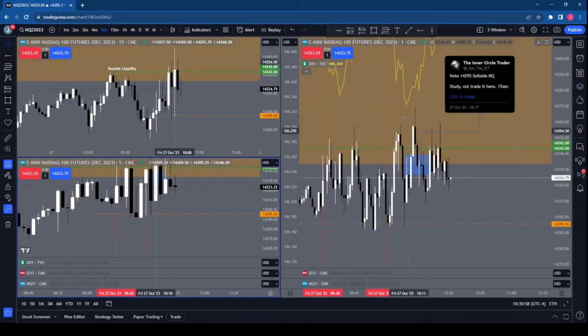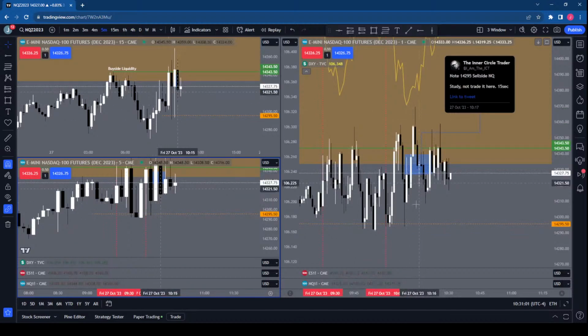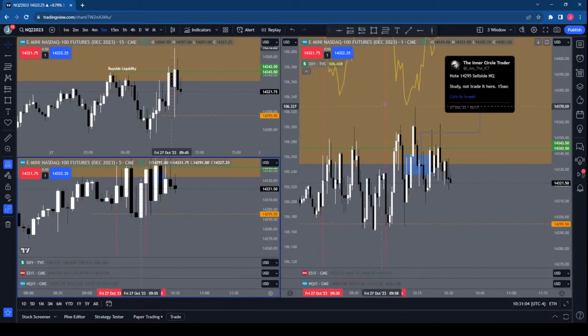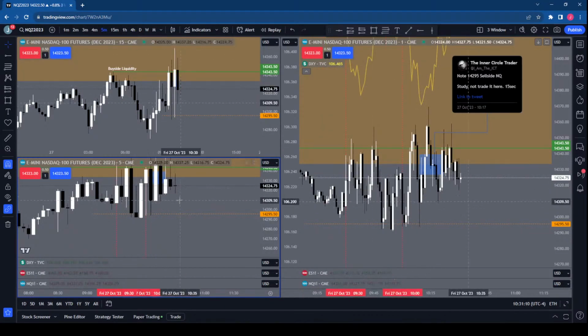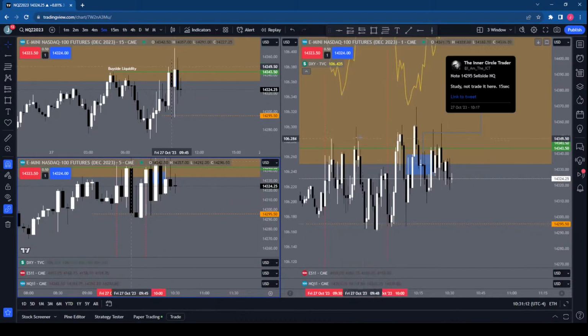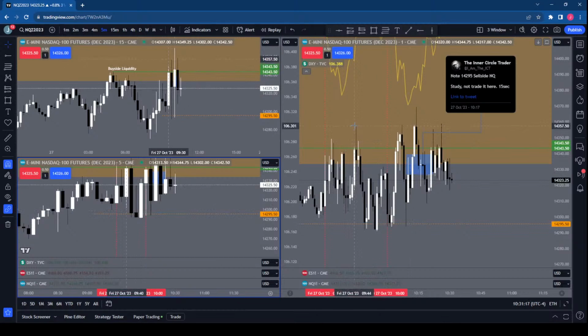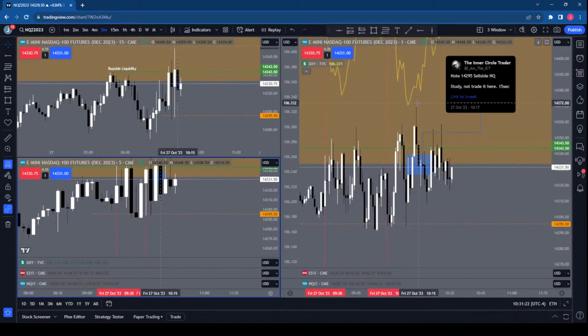And this is the way that I look at price. Like I said, don't try too hard to make sense of nonsense. But when you are seeing consolidation like this, what my eye is gravitating to is the swings. The swing high here, swing high here, swing high here, swing high here.